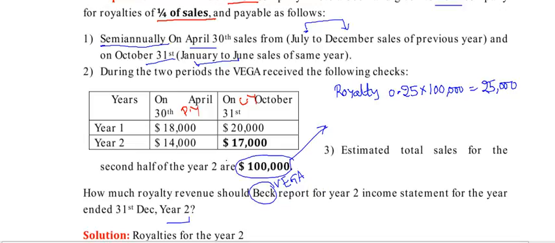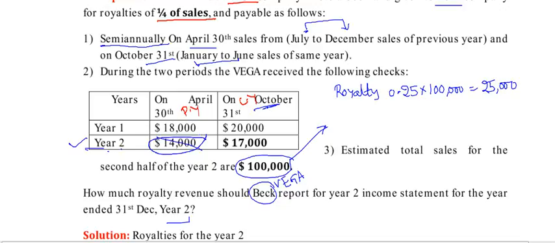The most important point to understand is year 2 royalties. We receive year 2 royalties on October 31st and April 30th. The April 30th royalty of 14,000 is related to the previous year, so previous year royalties will not be considered.